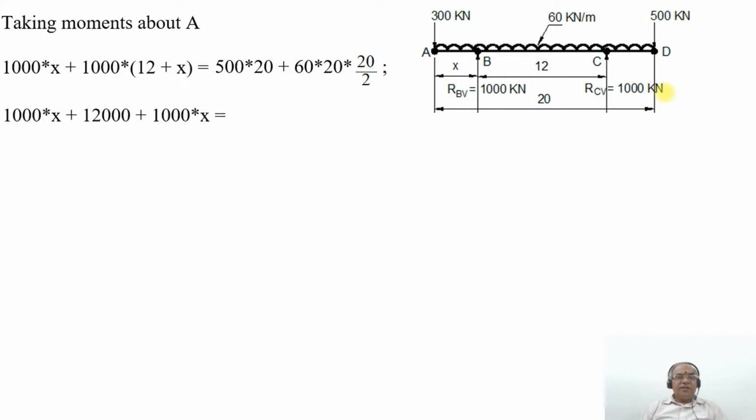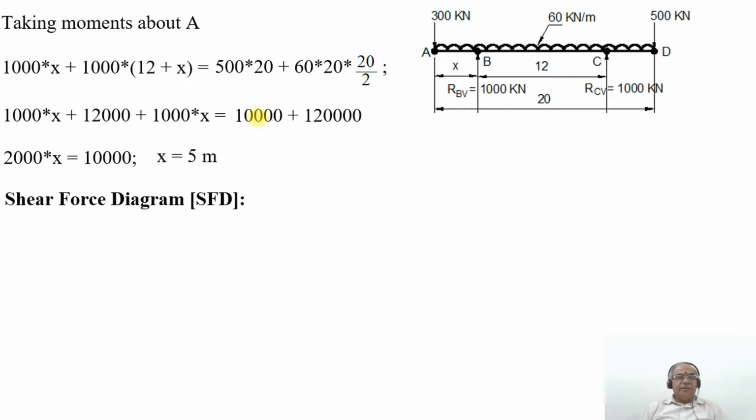On simplification, 1000 into x plus 12,000 plus 1000 into x will be equal to 10,000 plus 120,000. So 2000x will be equal to 118,000... therefore, the value of x will be equal to 5 meters.